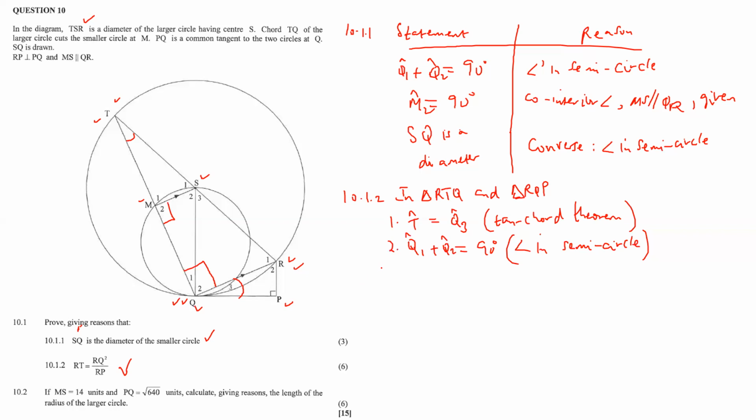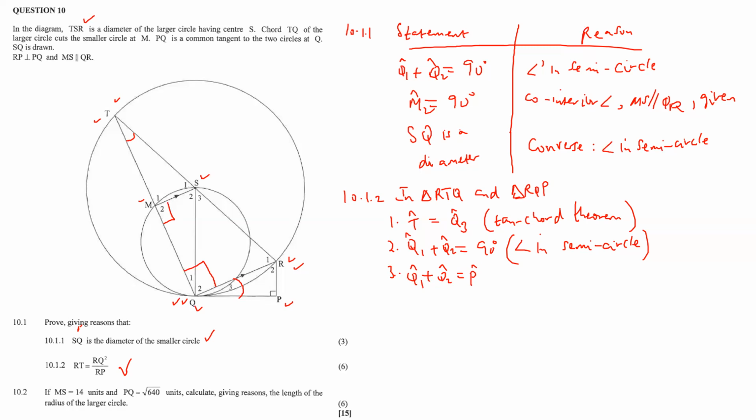Moreover, angle Q1 plus Q2 is equal to angle P. Why is that the case?